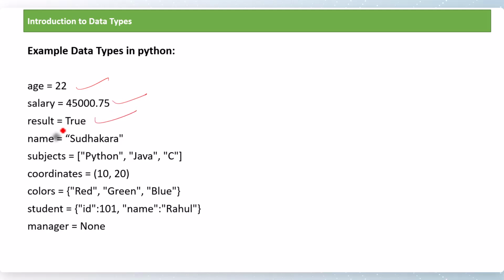This is another data type. Result equal to true. Name equal to Sudhakara. Subject equal to Python, Java, C. Coordinates of a system 10, 20. Colors red, green, blue. Student ID, name, manager, whether the person has a manager, none. You see, all these are different types of data.